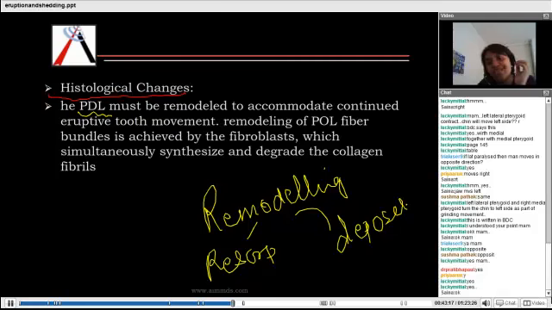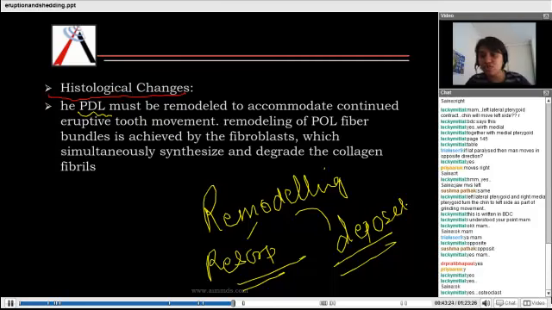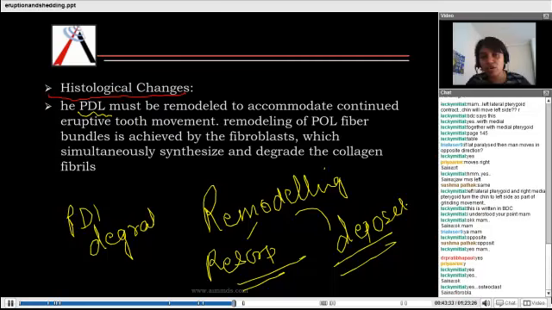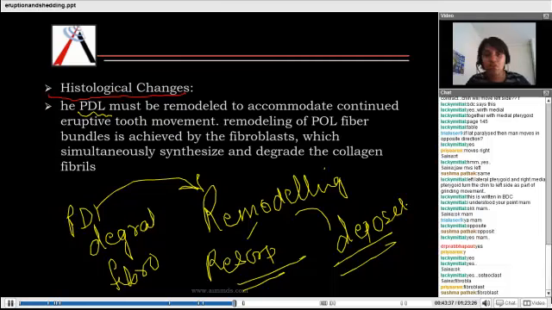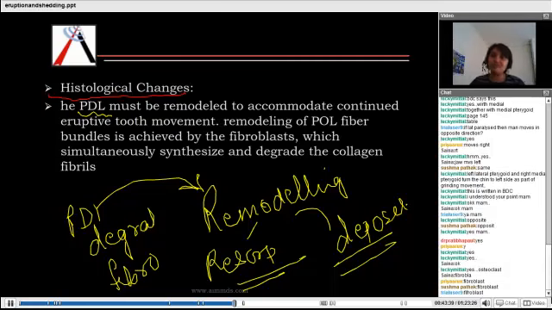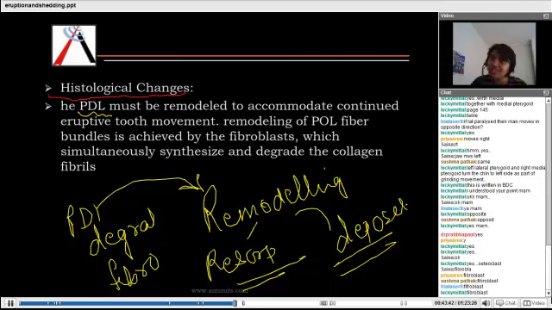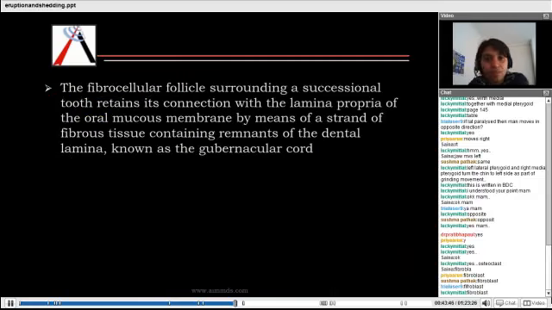Which cells are responsible for degradation and formation in PDL? Can you all tell me? We are talking about PDL remodeling, so be very careful. Yes, it's the fibroblast. One very important thing about fibroblasts is that they have a formative function and also a resorptive function. So fibroblasts can resorb, they can form. They are amazing cells.